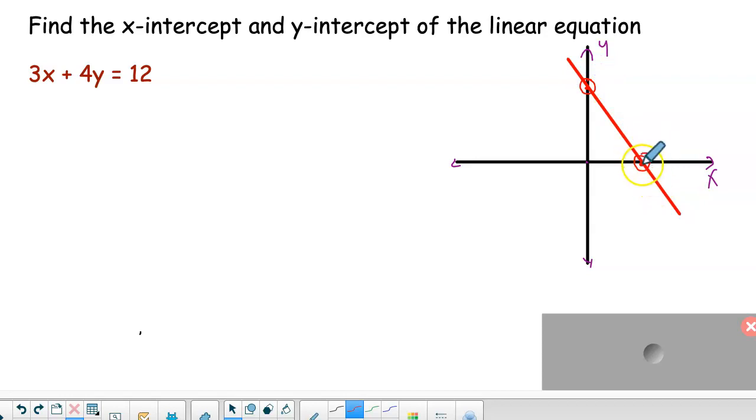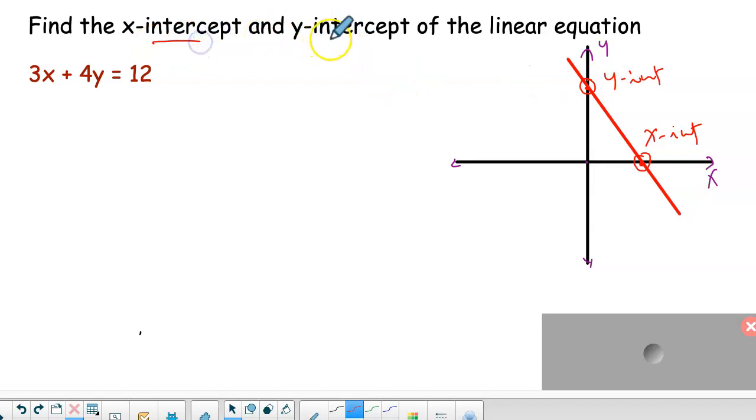So those 2 points are called your x-intercept and the y-intercept. Wherever the graph of a linear equation intersects the x-axis is called the x-intercept, and where it intersects the y-axis, that is called the y-intercept.